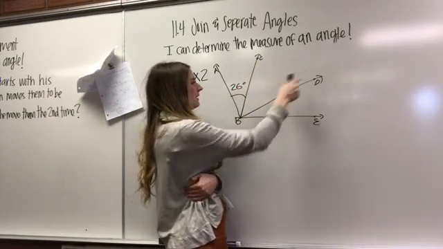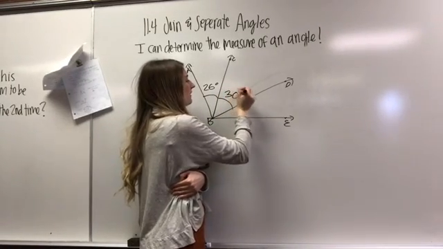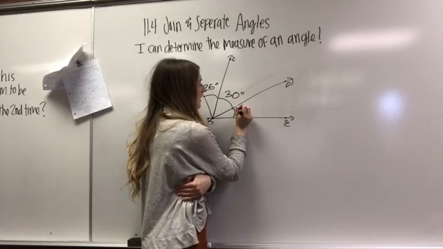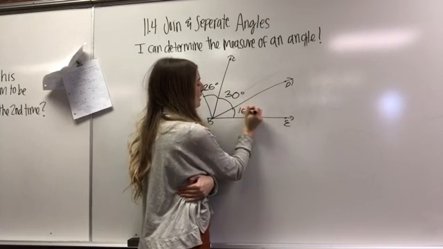Angle CBD is 30 degrees. And angle DBE is, let's say, 16 degrees.